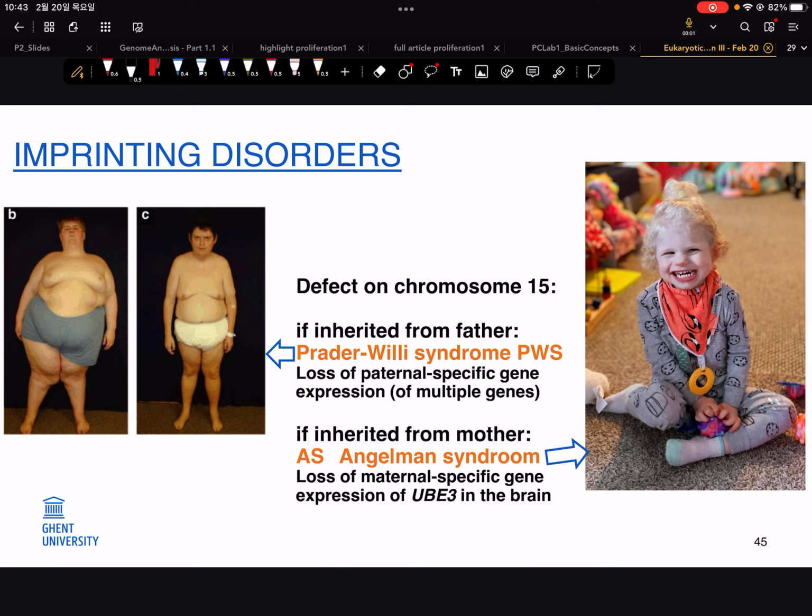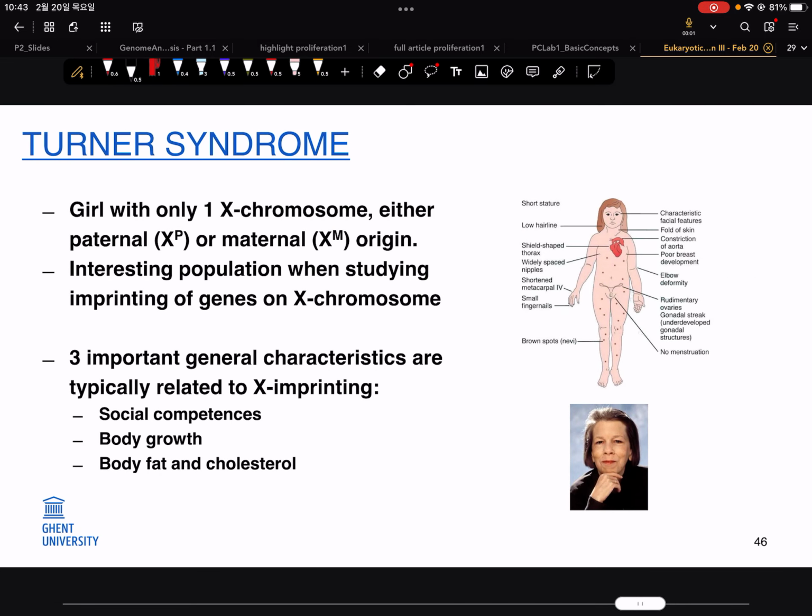It's some UBE gene, if I remember it well, that needs to be expressed from the paternal allele, and if that is not happening, you get either the Prader-Willi syndrome or the Angelman syndrome, depending on UBE3A, that's the name. It's in here. Depending on whether you get it from your mother or your father, you have a different set of symptoms that you can observe in those children.